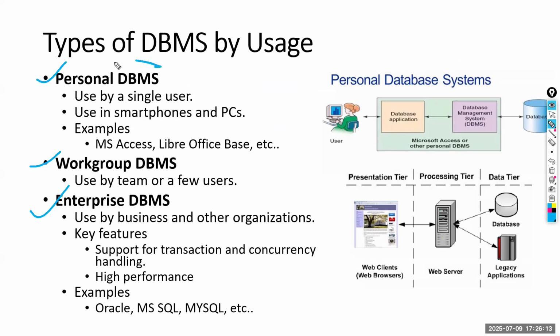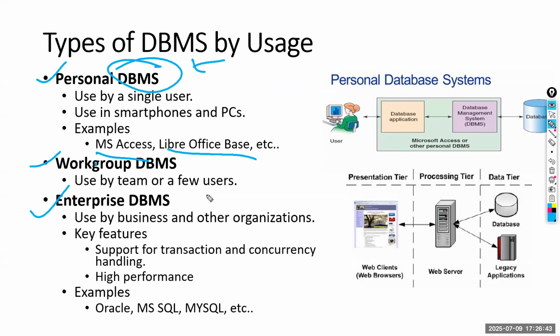A personal database is used by a single person, like Microsoft Access or LibreOffice Base. You use your database, I use my database. You and I don't use the same database. Like you keep track of your savings or expenses, I keep track of my expenses in my database.